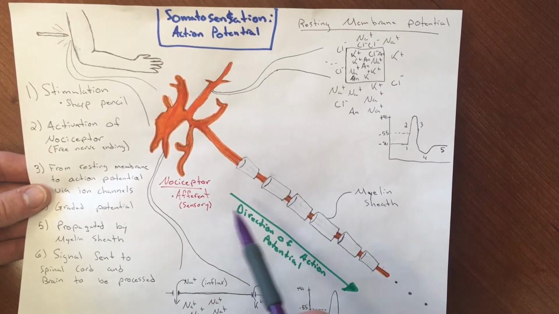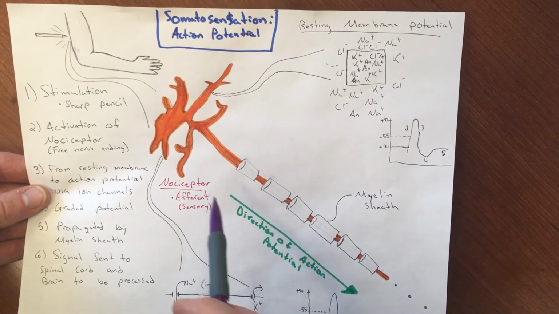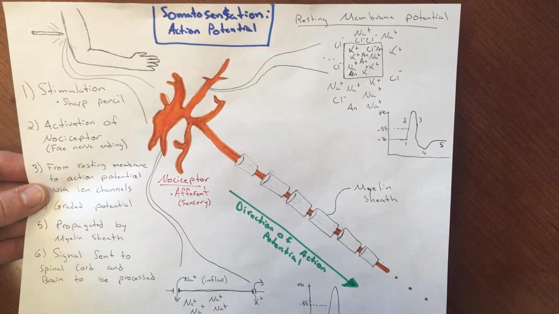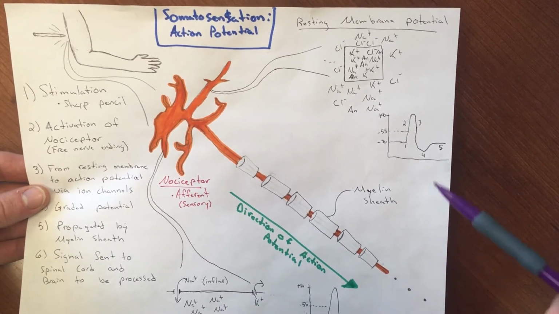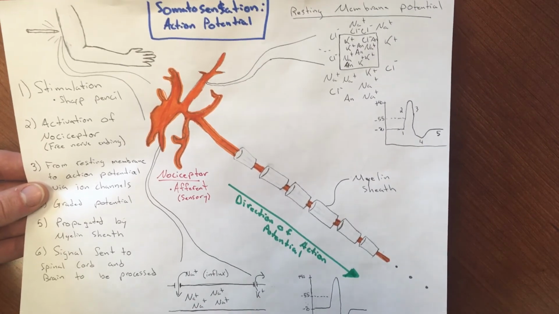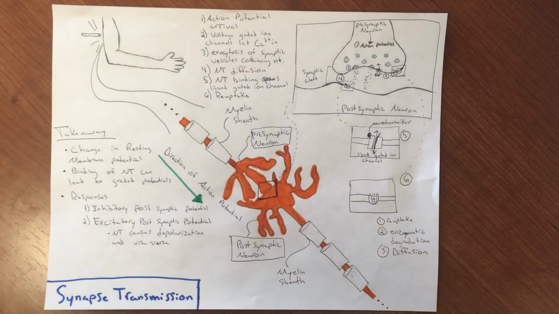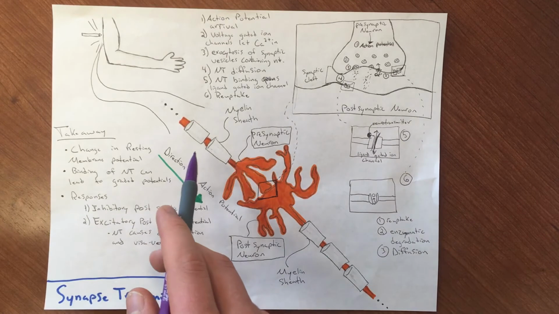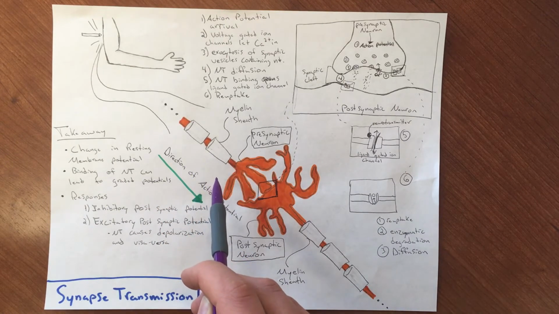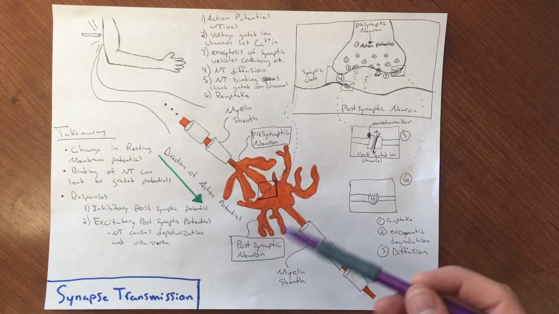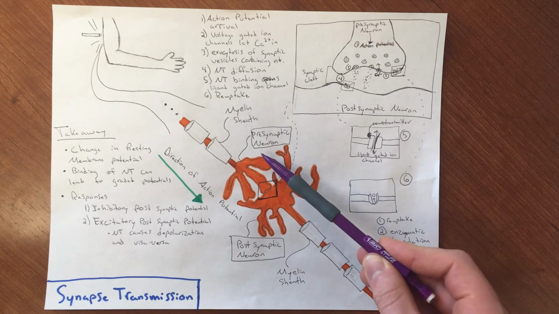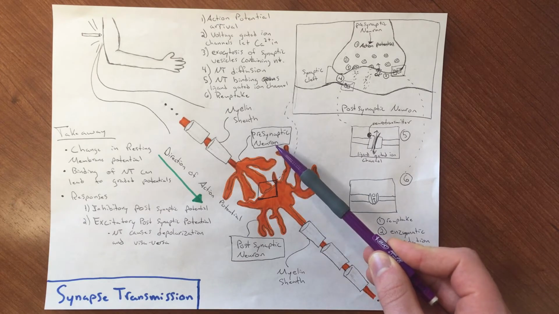These action potentials will travel to other neurons, and these action potentials are generated by a change from the resting membrane potential. If this was the first neuron that we were looking at in the first video, it is then going to synapse with this other neuron, and the first neuron is called the presynaptic neuron.